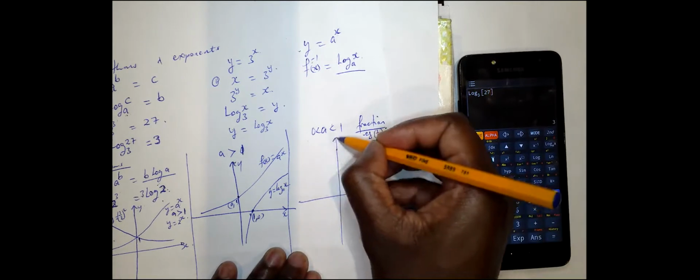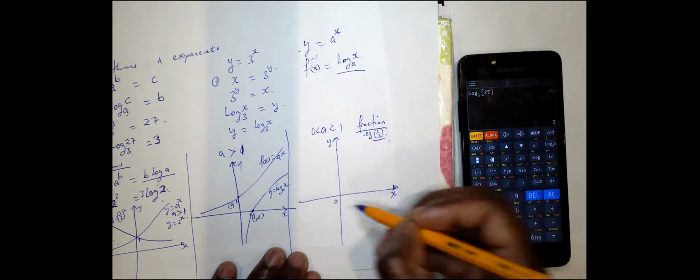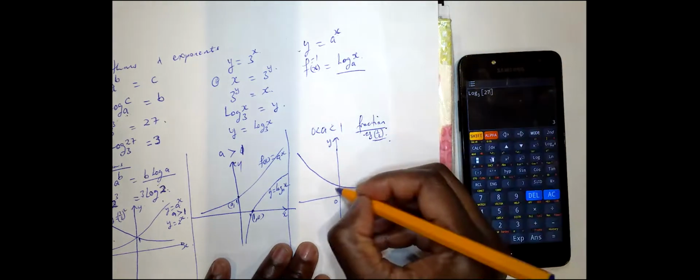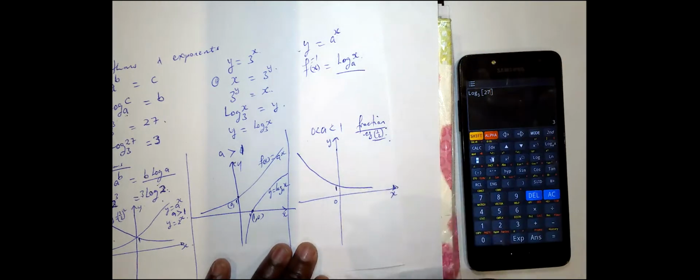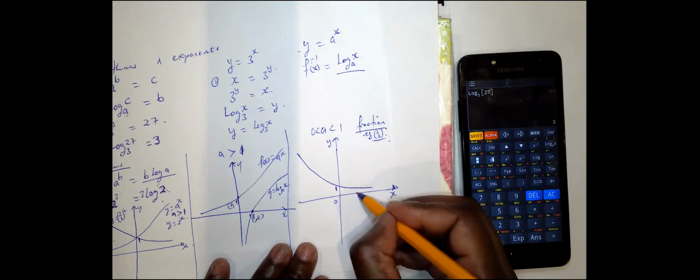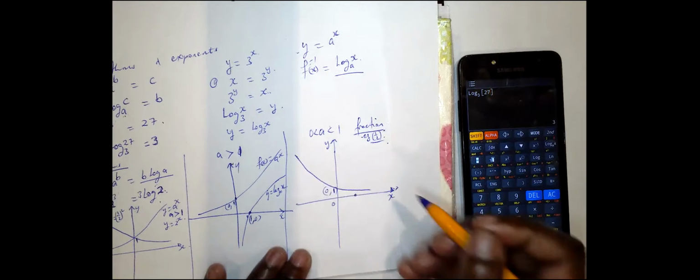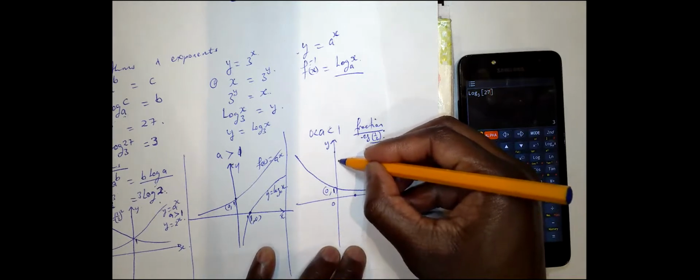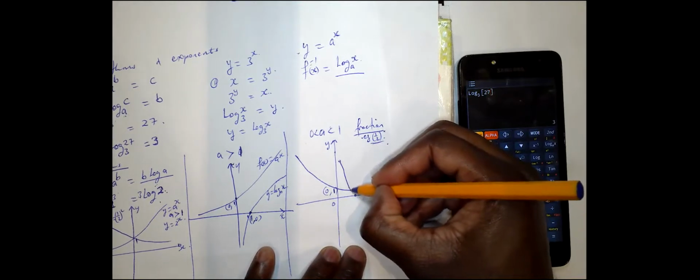Here we've got y, we've got 0. So in this case, if a is a fraction, we know that the exponent graph will be like that, the reflection. It's still passing at 1. But now for the inverse, it is still passing at 1, but now it's like that.